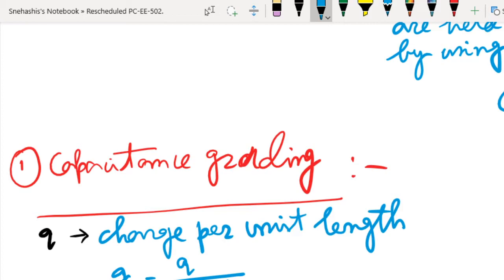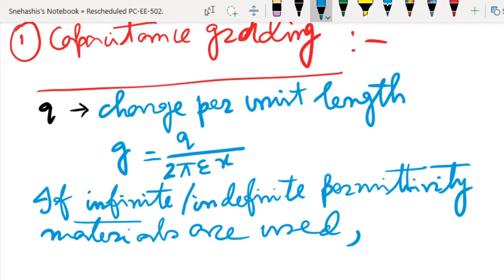So if we could use an infinite number of materials, or indefinite permittivity materials, then epsilon equal to k by x.